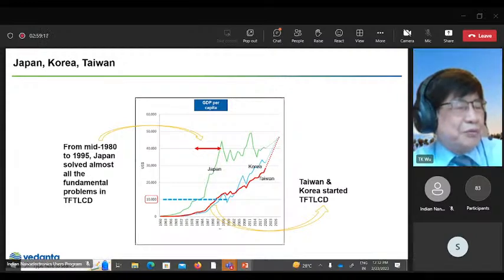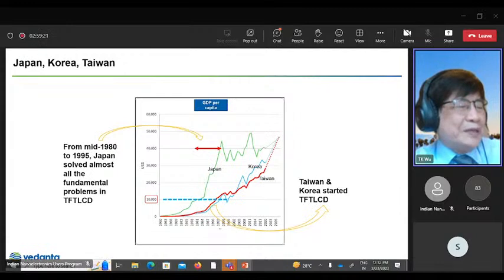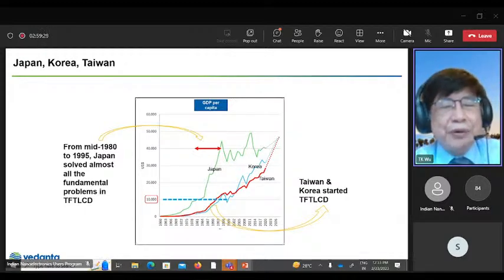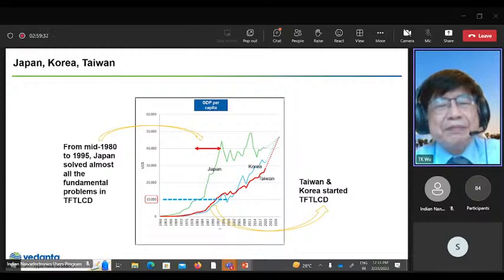So when you have technology, you have money. So Japanese solved most of the fundamental infrastructure of TFT-LCD when their GDP per capita was over 10,000 US dollars.